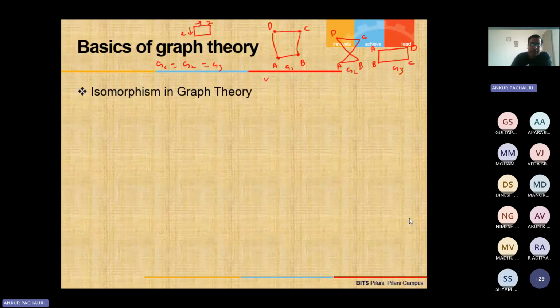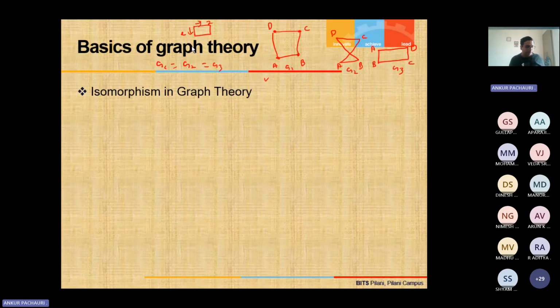Okay. Now, if I want to say that G1 equals G2 or G3 based on those adjacency matrices, it's not that easy for me. As a human, just by looking at the graph, I can say, but as a computer or as a program, I cannot draw the graph on paper. I'll have to execute the algorithm based on those adjacency matrices in which the graph has been stored.